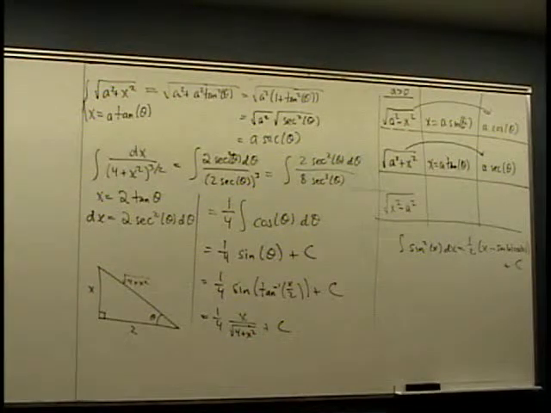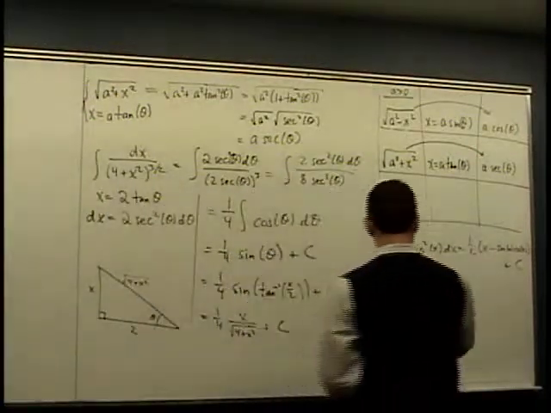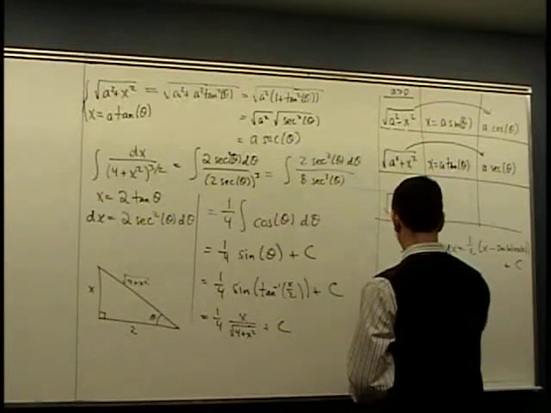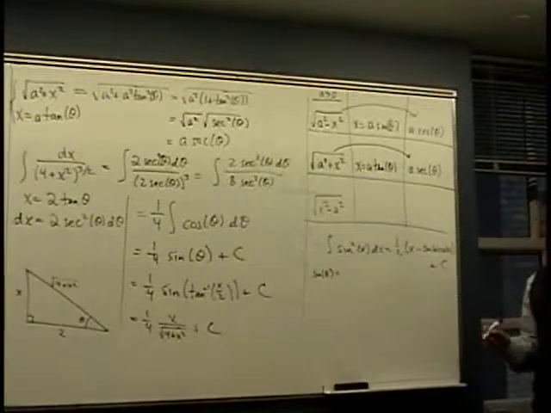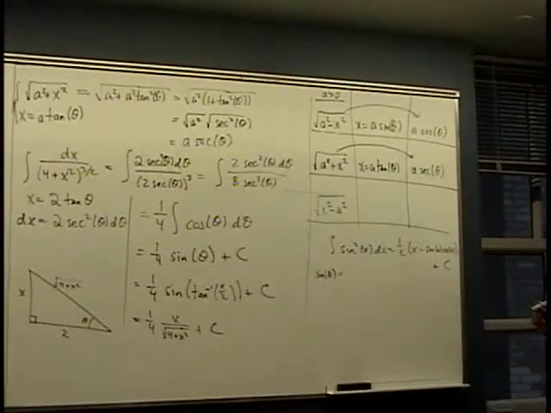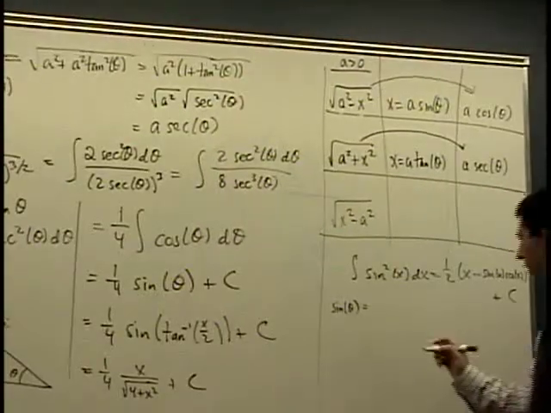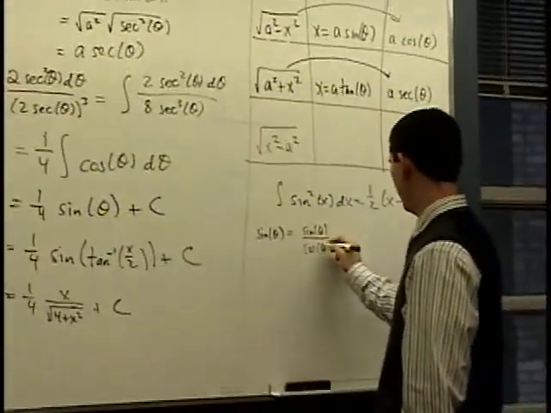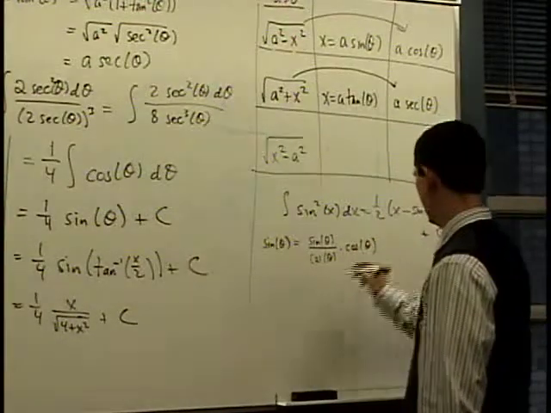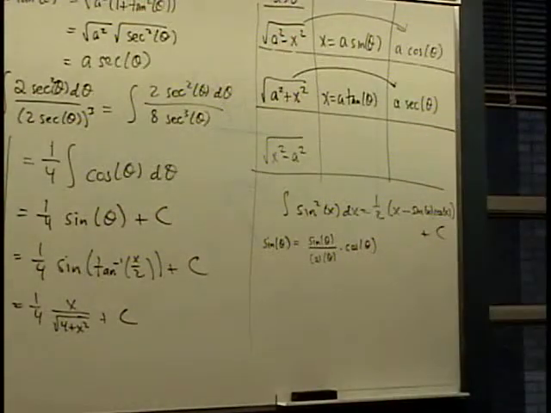If you don't like that way of thinking about it, here is a slightly different way of thinking about it. Sine of theta equals sine of theta over cosine of theta times cosine of theta.